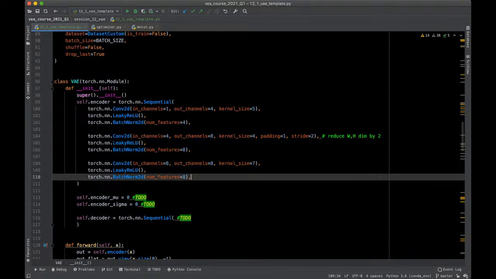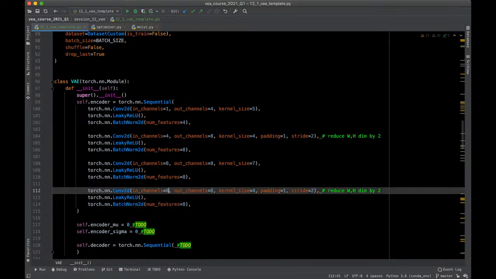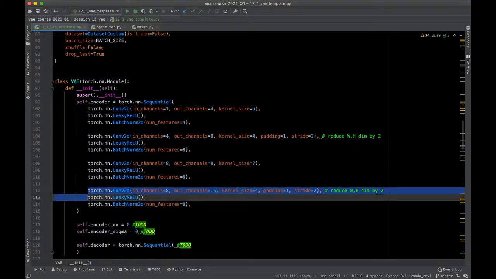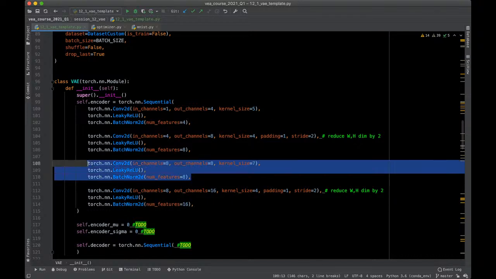So this part is again what we split, only the channel count changes, so there will be 8 to 16, with width and height divided by 2. There's a 16 again. So let's make another layer with the 16s.